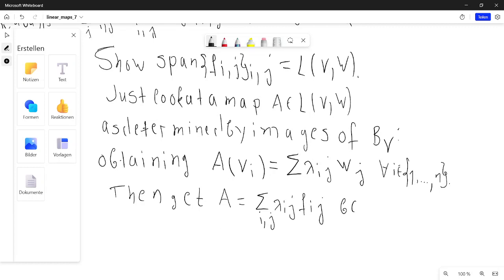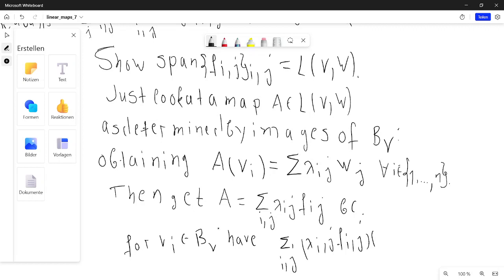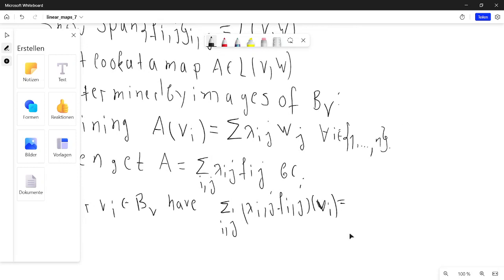And this is because for Vi, an element of V, we have the sum of lambda ij f ij applied to Vi. What is this equal to?